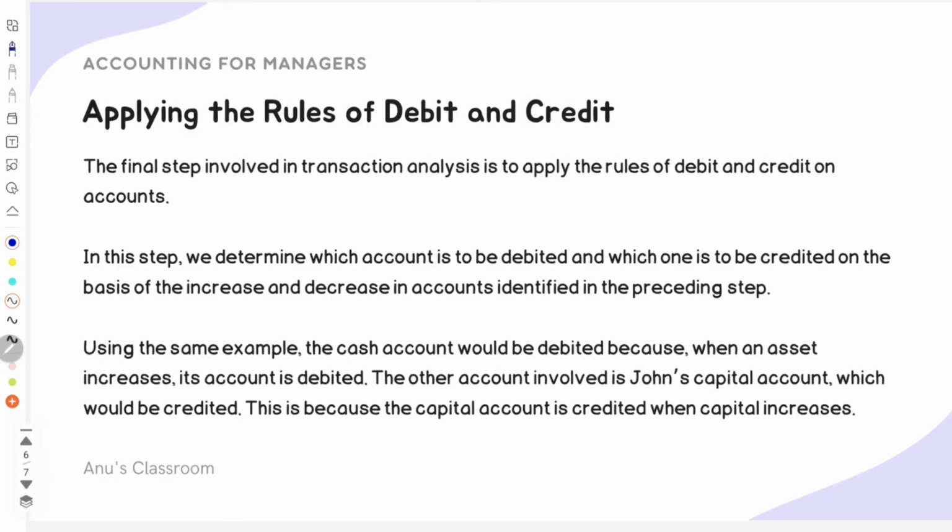Now, applying the rules of debit and credit. You will be thinking, okay, if both are increasing, then how can we say one is debit and the other is credit? Natural question. Even I had it. We most often think about debit and credit, especially when we are a newbie, in terms of perhaps a bank transaction. We had some cash in our hand, we went to the CDM, the cash deposit machine, or we went to the bank's teller and gave them that cash to put it in our account.